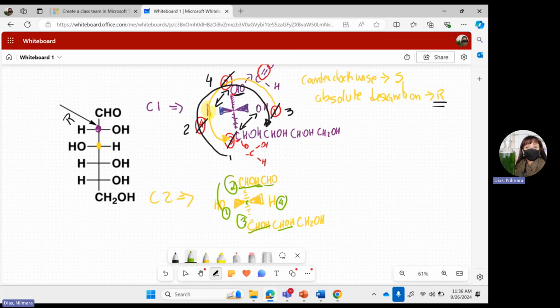So if you go in this way, we know this is R, but actually, since the hydrogen is not up there, my absolute configuration designation will be, what? S. So this is my second one, S.